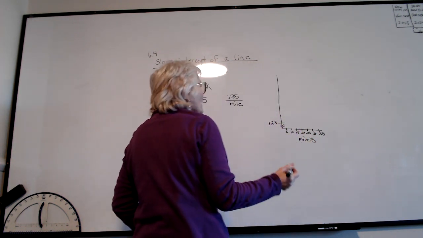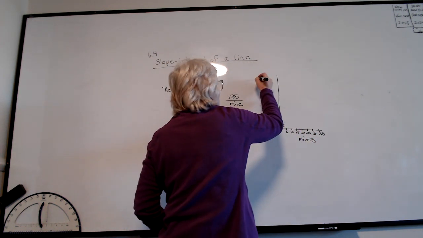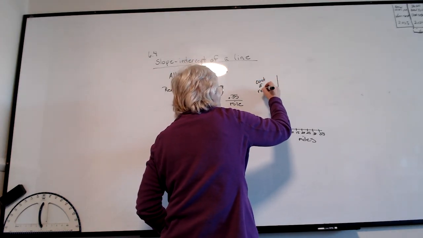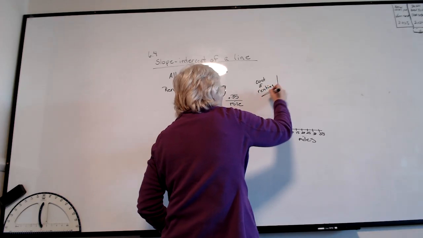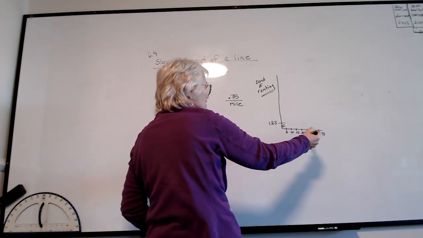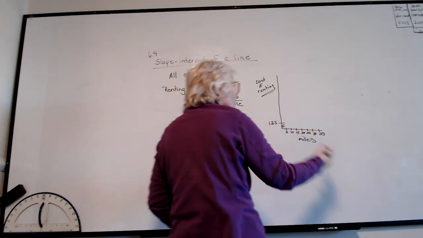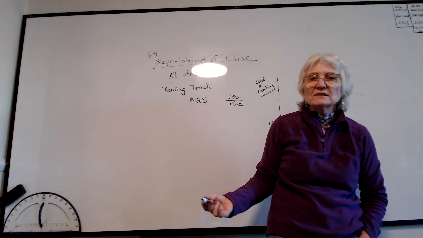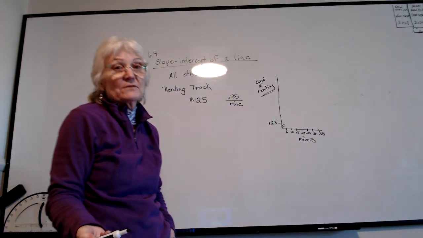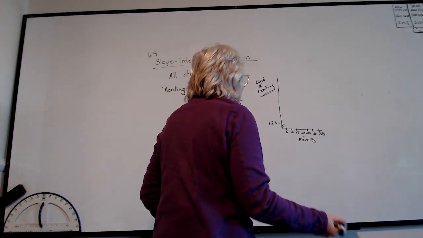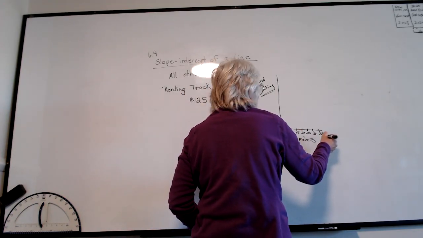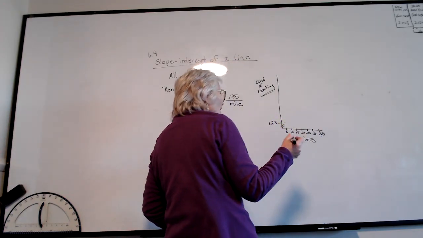Okay, but what happens is this is our cost of renting. It's $125 plus this 35 cents per mile. And that's for wear and tear. The more miles you drive it, the more wear and tear on the vehicle. So that's what that is really for. So the first 5 miles would be 5 times 35.